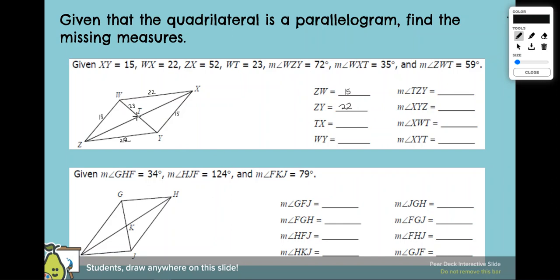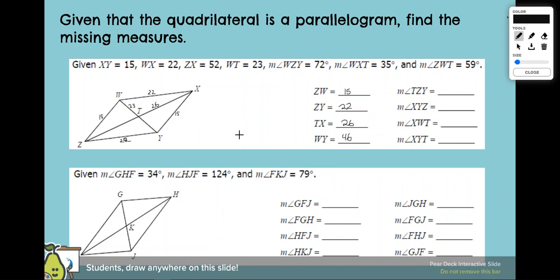Then TX is going to be half of the entire diagonal of ZX. So since the whole thing is 52, then this would have to be 26. And then WY, half of it is 23, so the entire length is going to be 46.